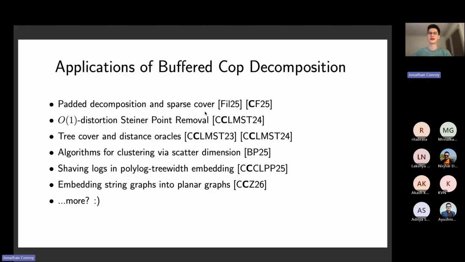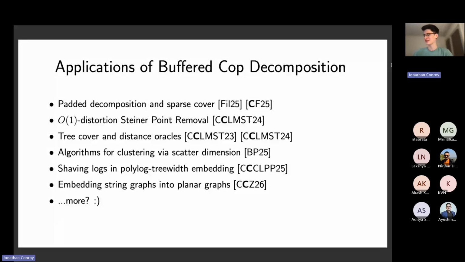We found there are some other applications to Steiner point removal, and embedding into low tree width graphs. Recently, we had some results on embedding string graphs into planar graphs that uses this idea. And my hope is that this is a powerful tool, and that it will find many more applications in the future.